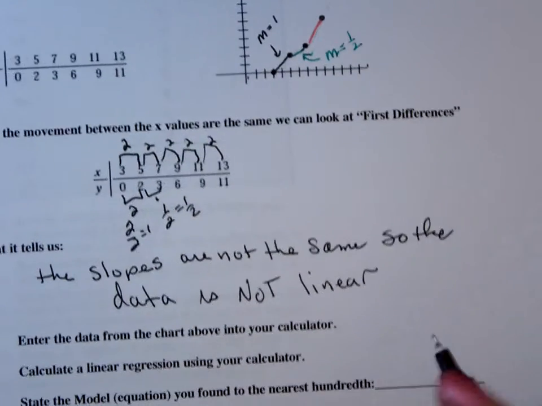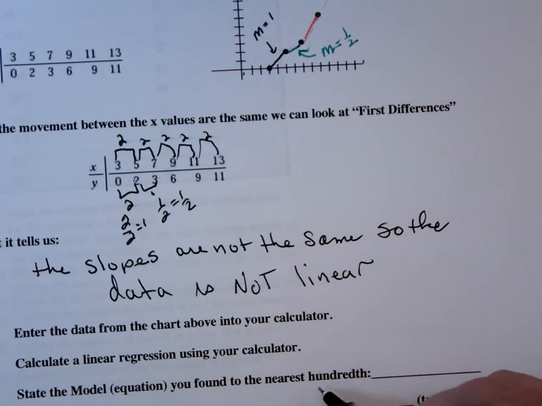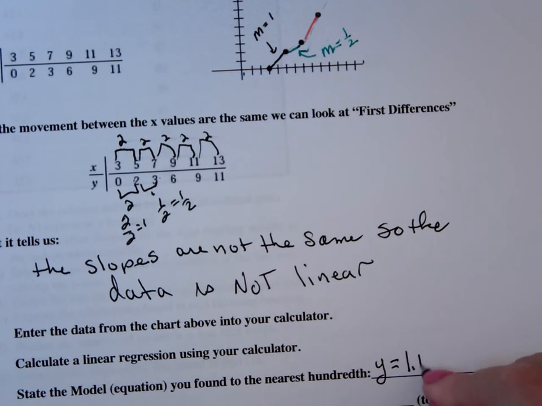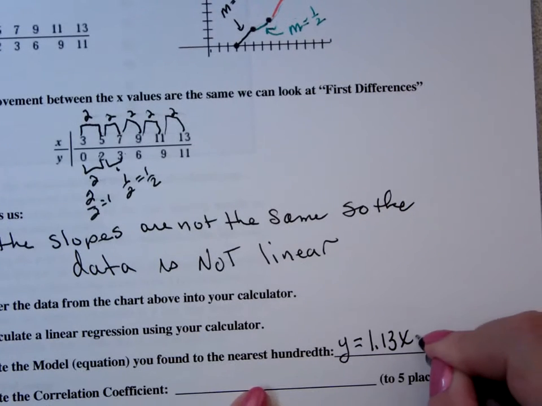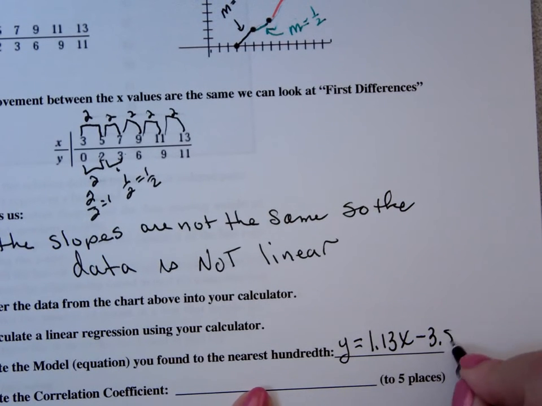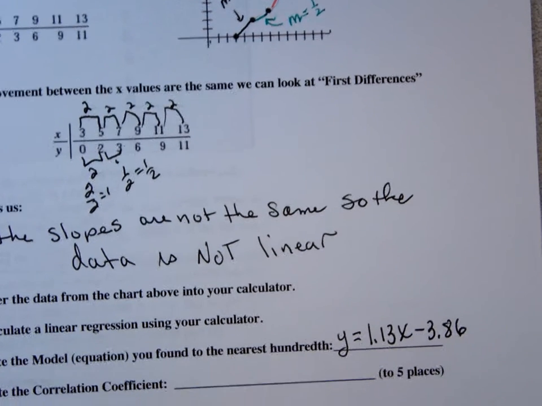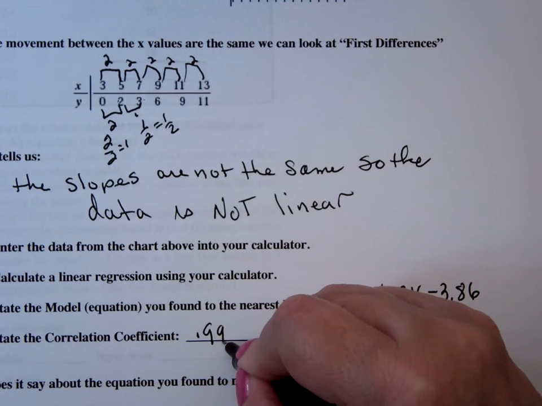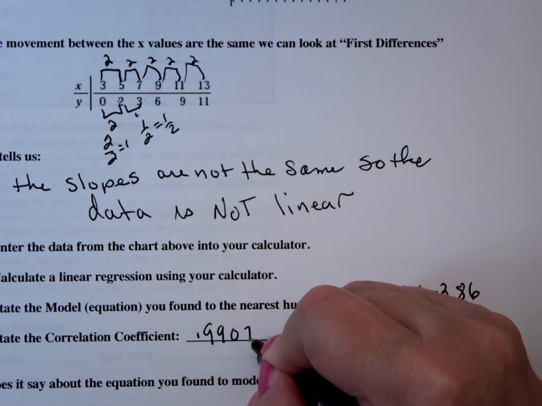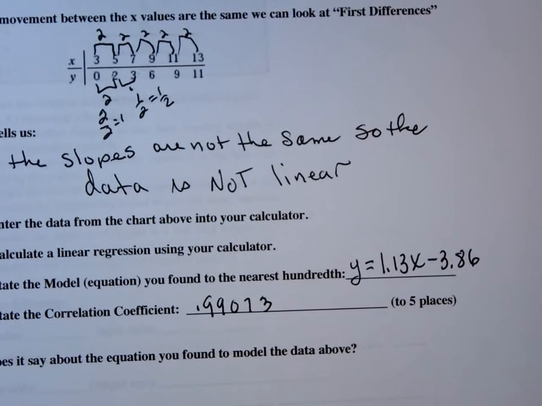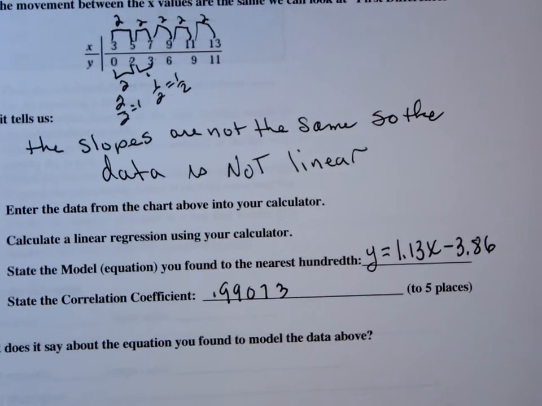So what is my model? State the model found to the nearest hundredth. y equals 1.13x minus 3.86. What is the correlation coefficient to 5 places? 0.99073. What does that say about the equation I found that fits the model?